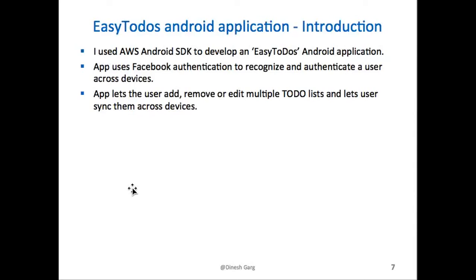So it's a powerful application, but we'll see how easy and how quick it became to develop the application using the SDK provided by Amazon, AWS, and the mobile services provided by them, on the AWS side.